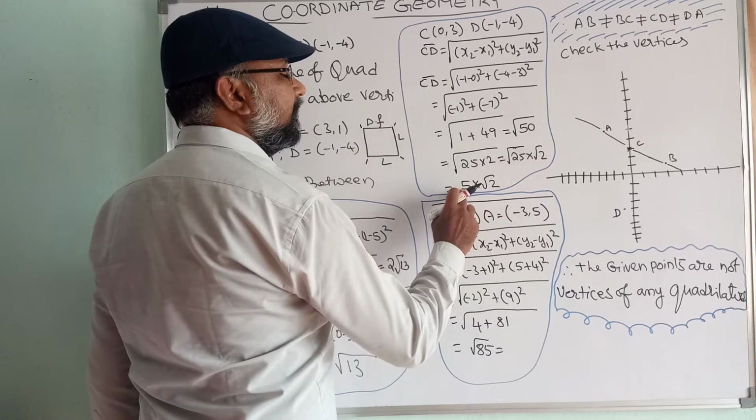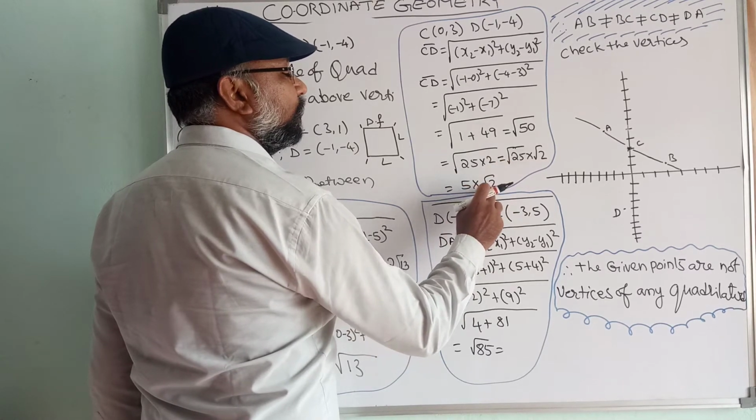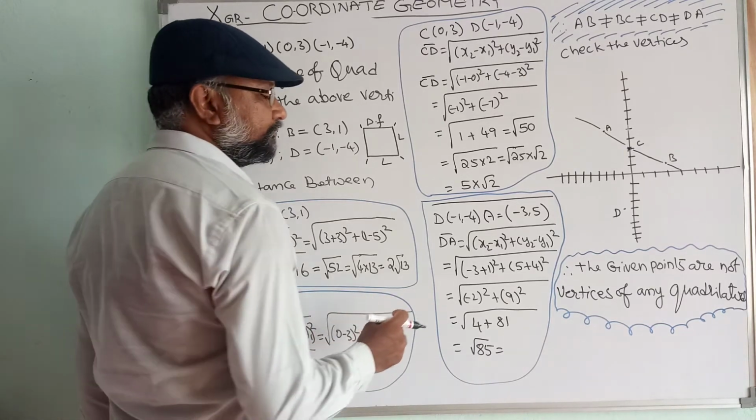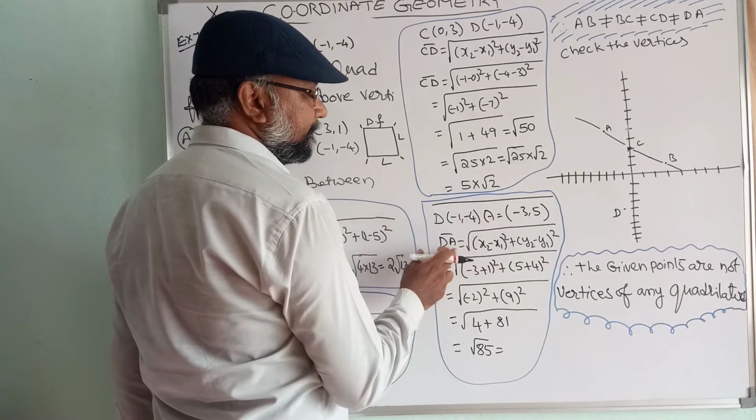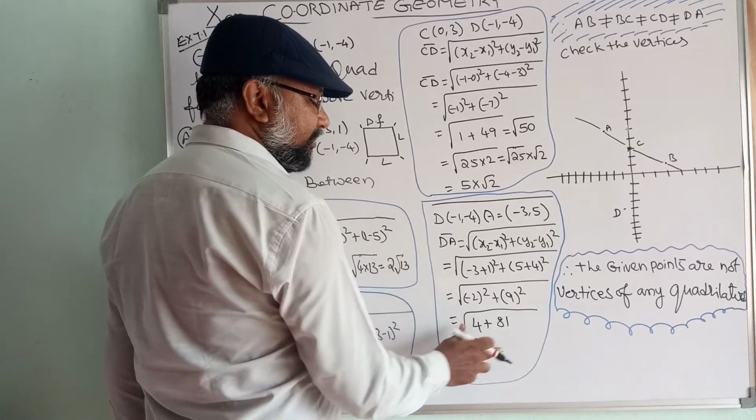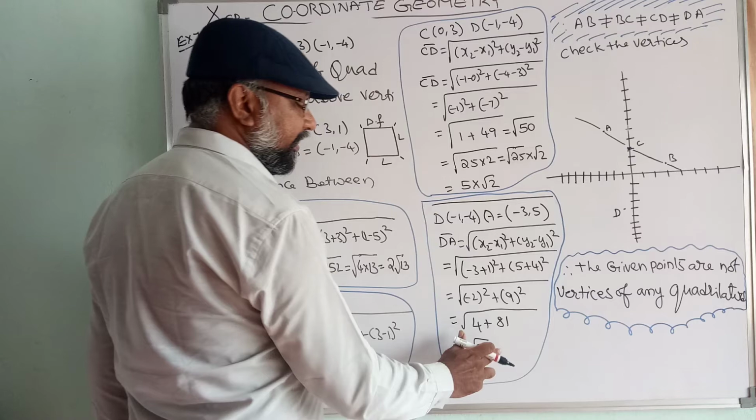So it is 5 root 2. Now for DA, write the formula, substitute, simplify, and you will get root 85.